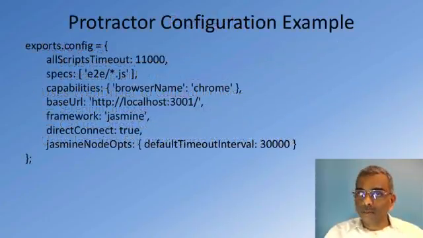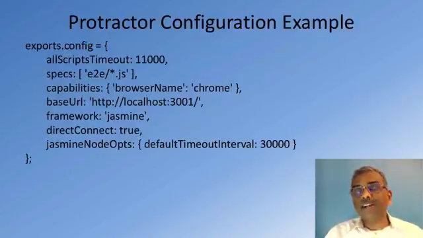How do we configure Protractor? Protractor configuration is specified in a JavaScript file. Typically, just for the sake of uniformity, we will name the Protractor file protractor.conf.js. Again, it's just a convention that people have been using.